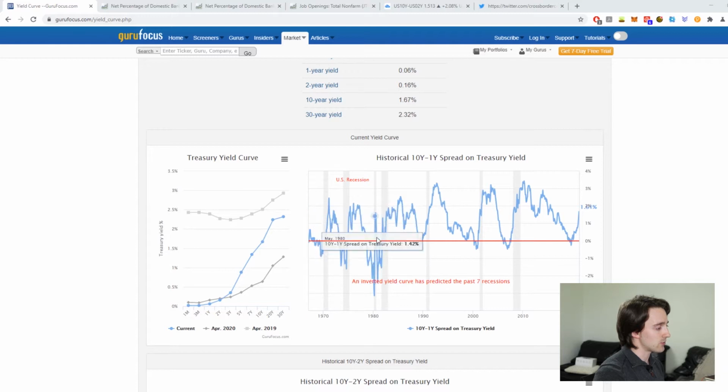Here the yield curve was kind of going crazy with interest rates in the 80s, but it happened here in the late 80s, happened here again before the tech bubble. It happened right before the 2008 crisis, roughly in February 2006 to May 2007. And it happened most recently in the summer of 2019, August 2019.